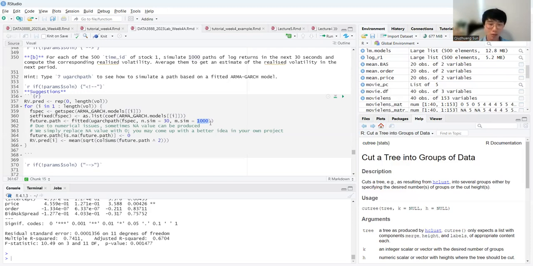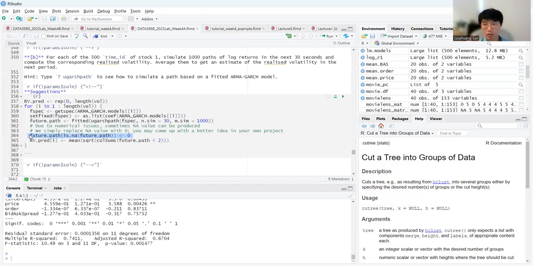One small thing I need to mention is that if I use this ugarchpath function to simulate the future time series of the log returns, sometimes there can be numerical issues and it will generate an NA value. So essentially this line just replaces all the NA values with 0.